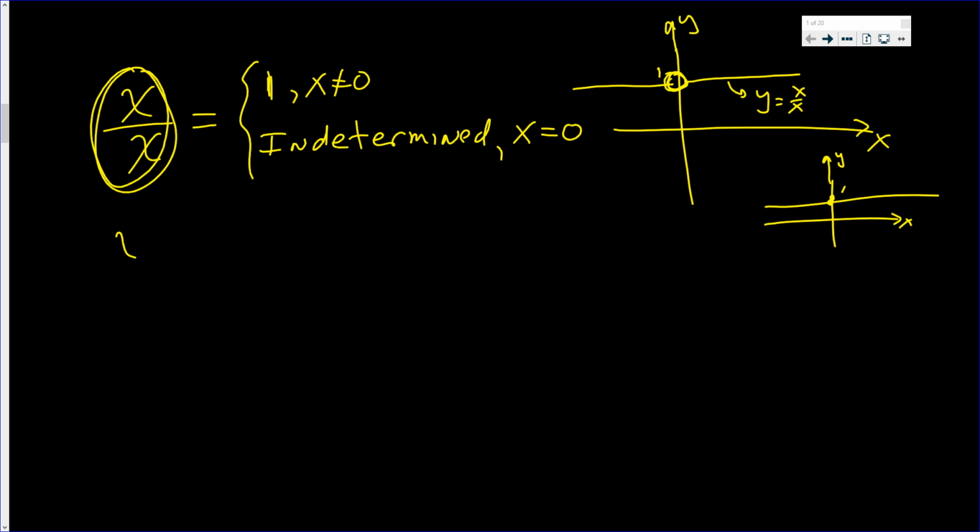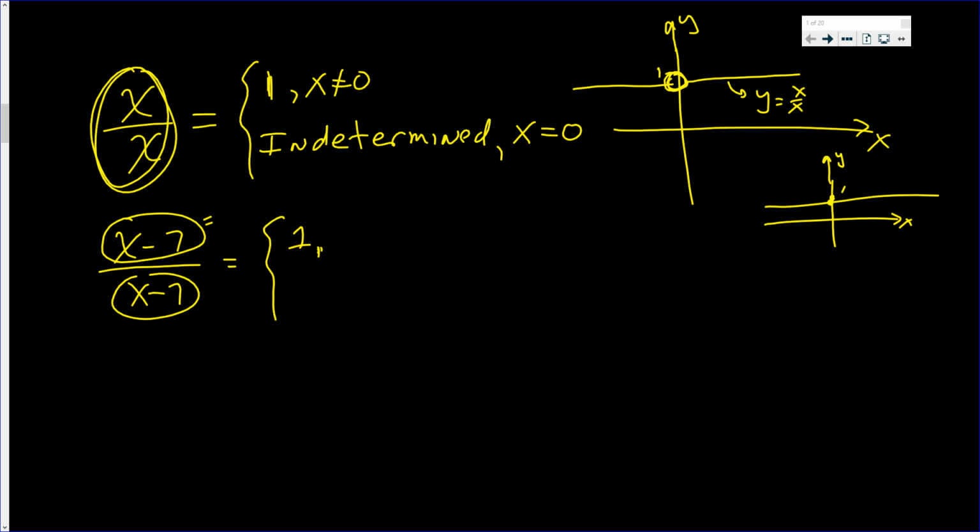Same argument. If you have x minus 7 over x minus 7, as clear as day, you're dividing the same two things. These are both the same. So you'll get 1. Not always. Not when it's 0 over 0. A lot of students will say, oh, so x can't be 0.